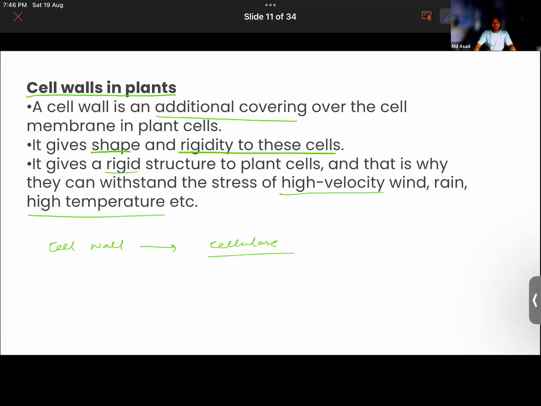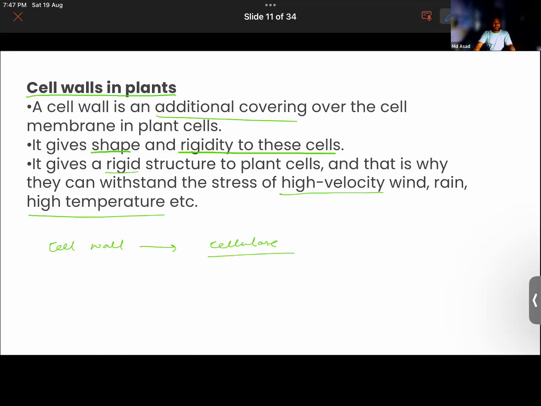What are the functions of the cell wall? The plant can withstand high winds and high velocity and temperature because of a rigid protective cell wall present on the outer side of the cell membrane.